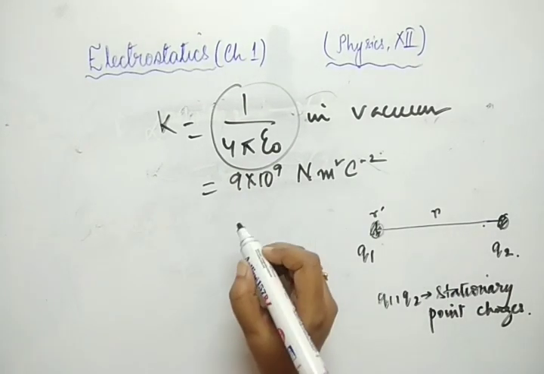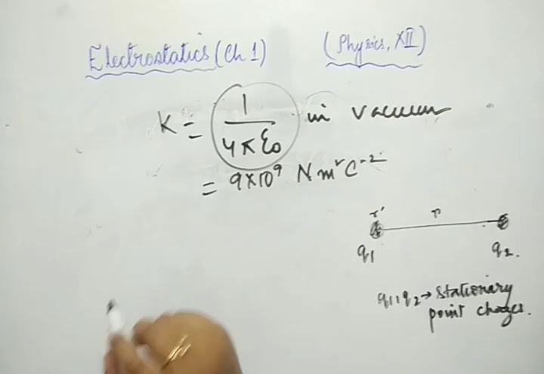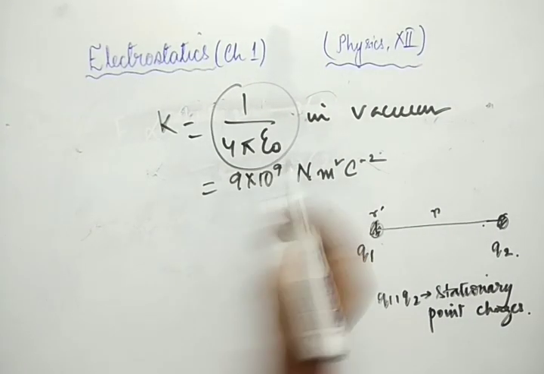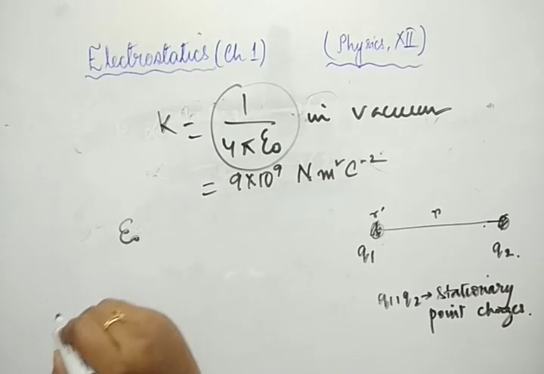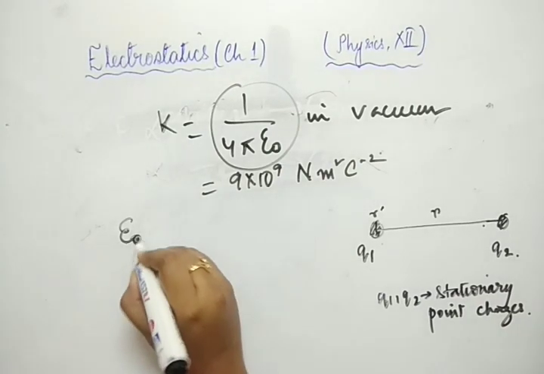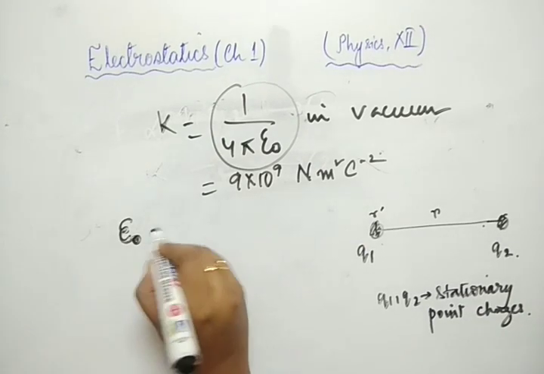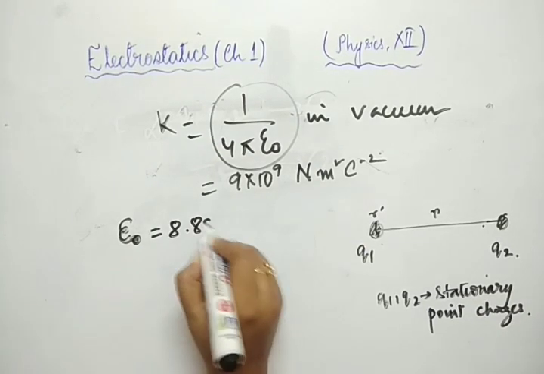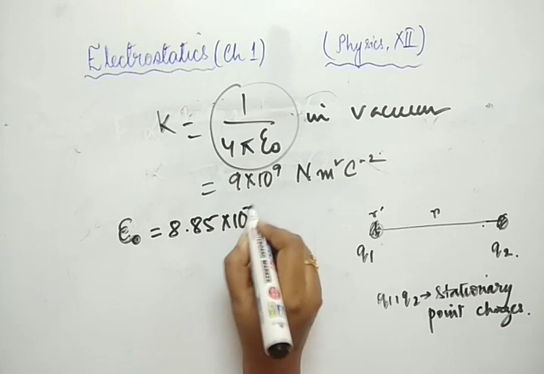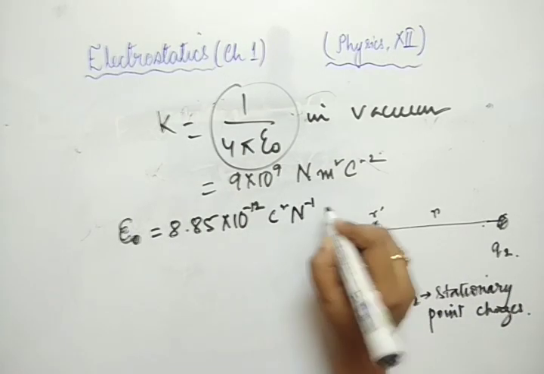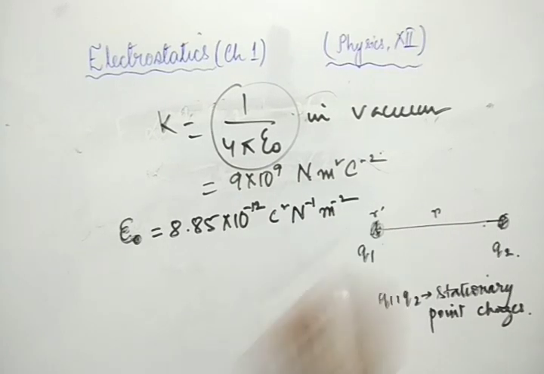So this is the value of K. And what is this term known as? This term is known as epsilon naught. It has a value 8.85 into 10 to the power minus 12 Coulomb square per Newton per meter square.